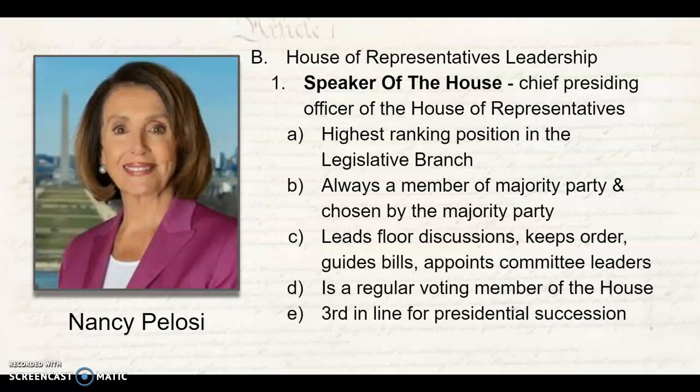If something happened to the president, or the president was somehow incapacitated, then the vice president could temporarily take over as the president, and the Speaker of the House would move into the vice presidential role. There's very key lines of succession there. Or if for some reason the vice president was incapacitated, died, anything like that, then the Speaker of the House would move into that line.